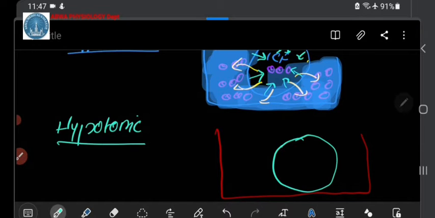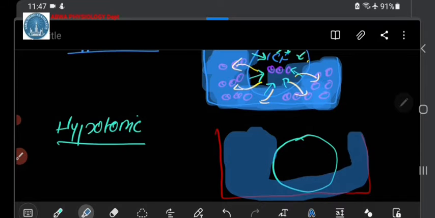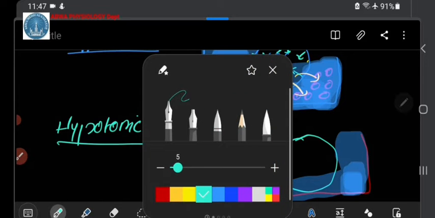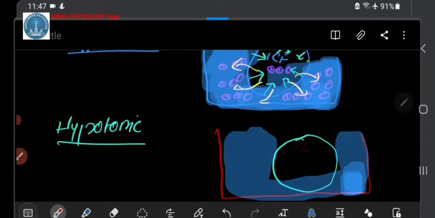This is the cell, having a solution containing sodium ions less than the inside of the cell. This is the cell having sodium ions more as compared to the extracellular fluid.